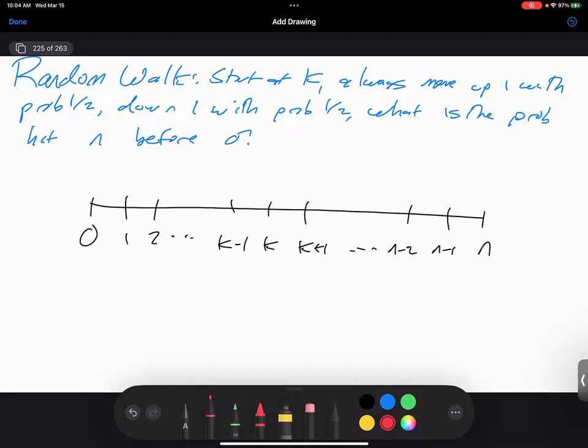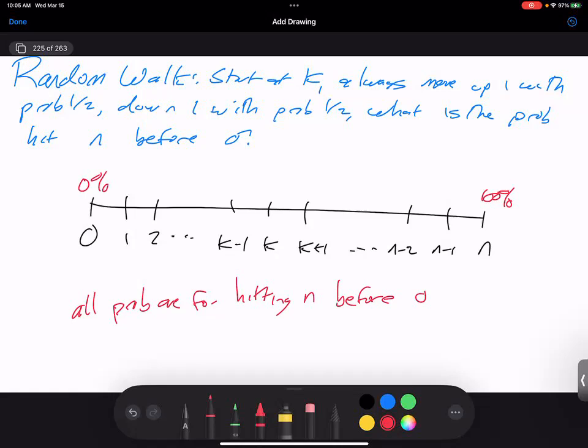We know the probability we hit N before 0 if we start at 0, and if we start at N. So all probabilities are for hitting N before 0, and at the extreme points, it's 0% and 100%.